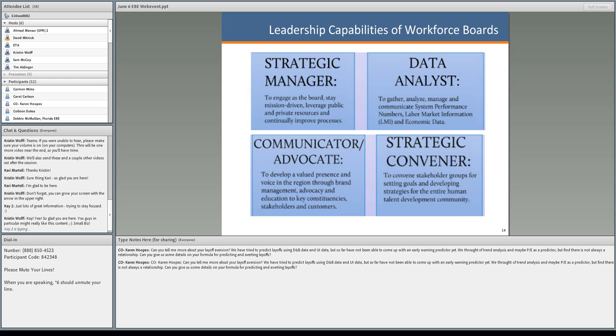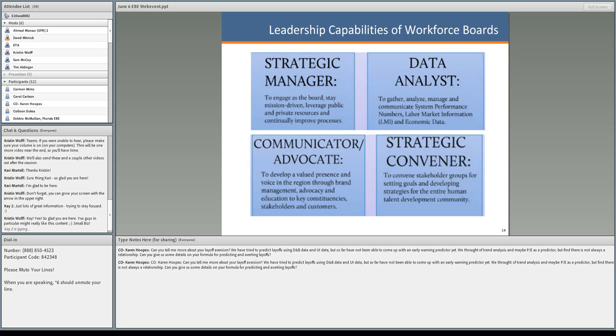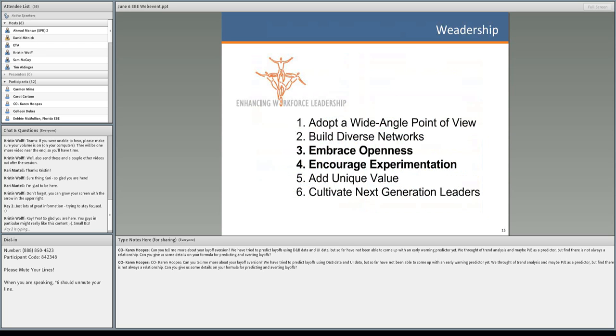And then finally, many of you, I hope, have seen some of Kristen's research that she did a couple of years back about enhancing workforce leadership, which is available on the interweb.